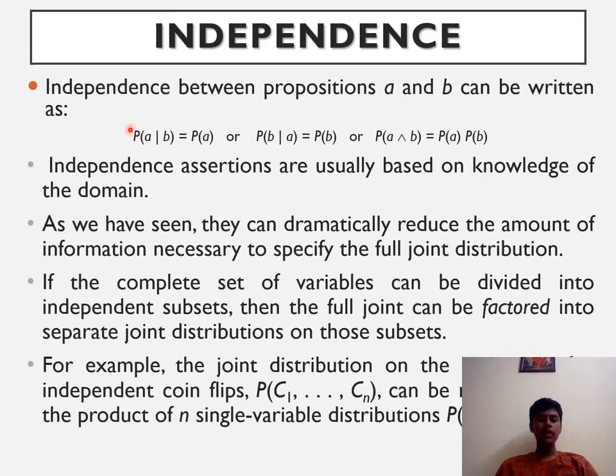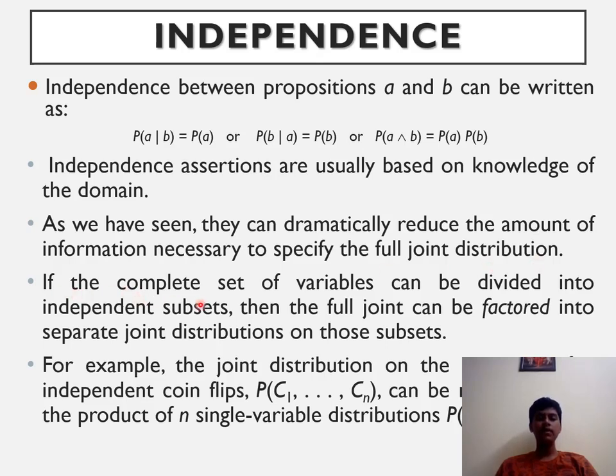Independence. Independence between propositions A and B can be written as P(A | B) = P(A). Independence assertions are usually based on knowledge of the domain. As we have seen, they can dramatically reduce the amount of information necessary to specify the full joint distribution.